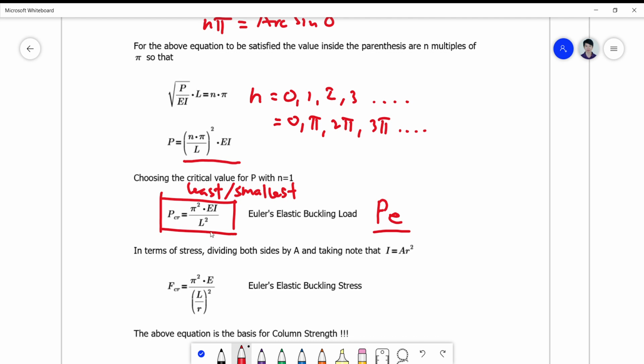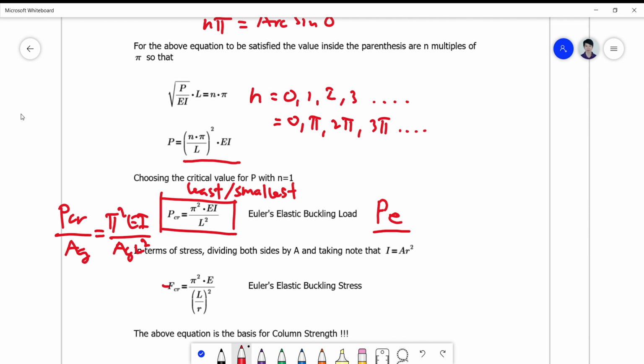So in terms of stress, if we divide this by A, we take note that the force divided by the area is simply a stress. And if I divide this both by A on the other side, A times L squared, take note that I over A is equal to the radius of gyration squared.